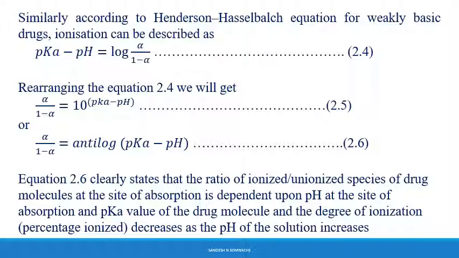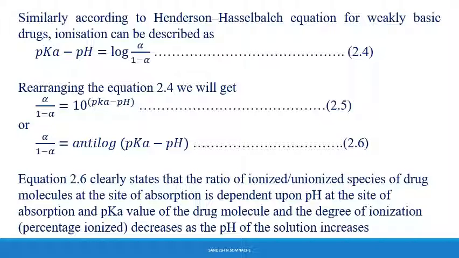This clearly states that the ratio of ionized and unionized species of the drug molecule at the site of absorption depends upon the pH at the site of absorption and the pK value of the drug molecule.